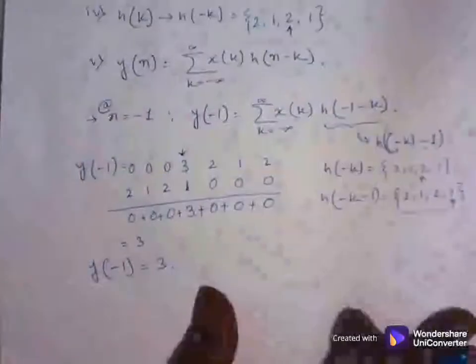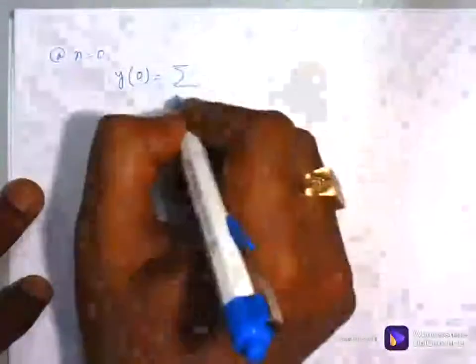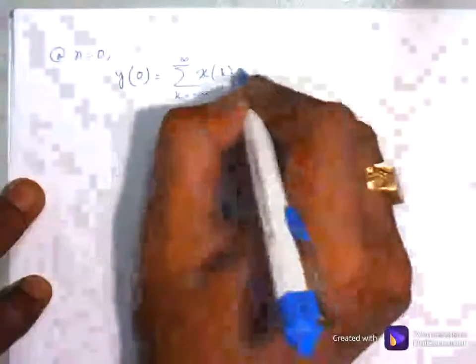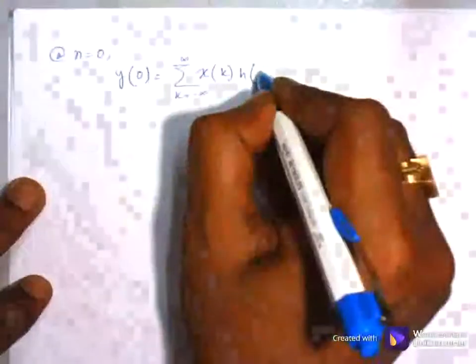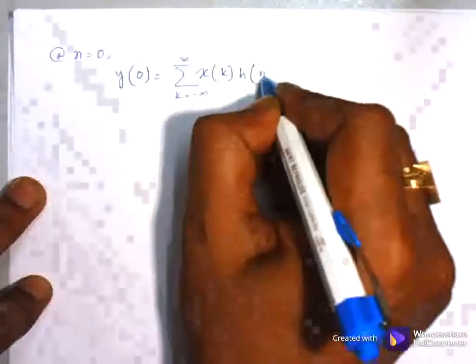Next I have to find the next value, because I have to calculate from minus 1 to 5. Minus 1 is done, so at n equal to 0, y of 0 equals the sum over k from minus infinity to plus infinity of x of k h of n minus k.